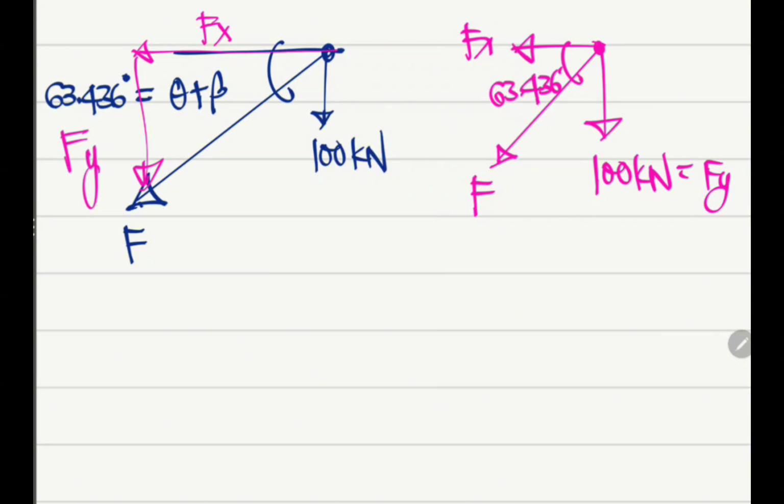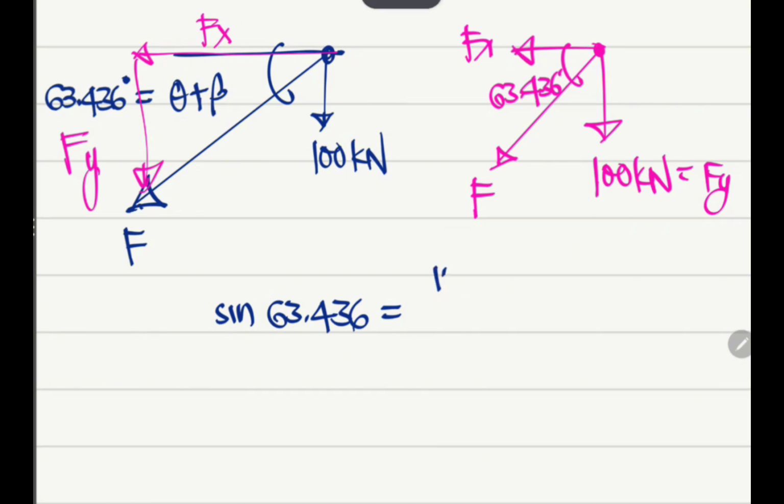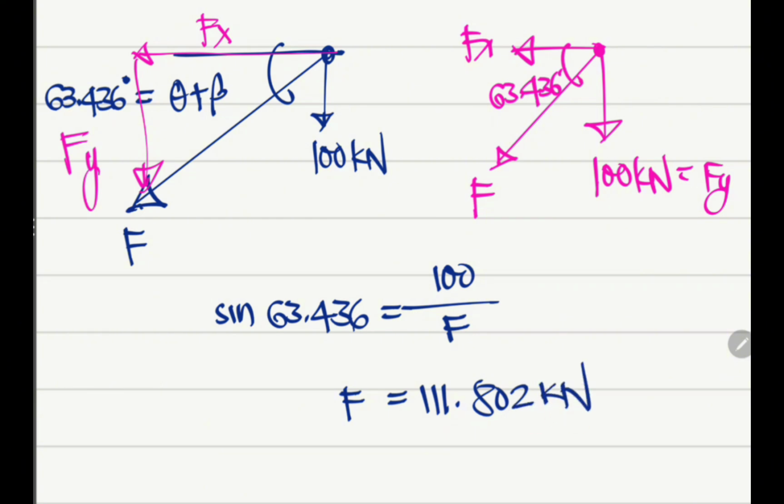Then solving for F, we can use the sine function. Sine of angle 63.436. We use sine because the known value is the vertical component, 100. So opposite 100 over hypotenuse F. So we can now solve for force F, which is equal to 111.802 kilonewtons.